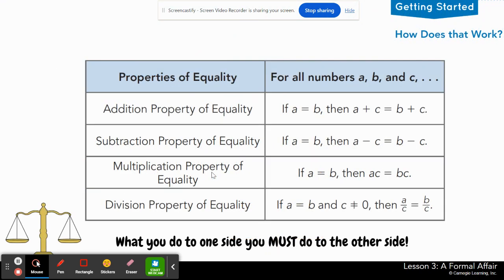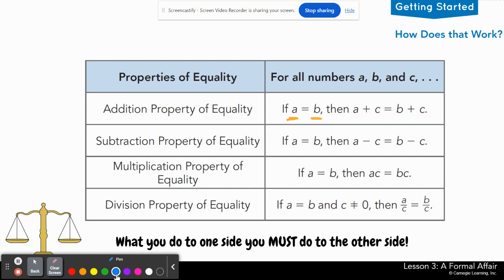Now go ahead and turn your attention to the table on your page. This may look confusing at first, but let's break it down to understand what it means. So look at the first row. It says the addition property of equality. And for all numbers A, B, C, an example: if A is equal to B, then A plus C and B plus C are also equal.